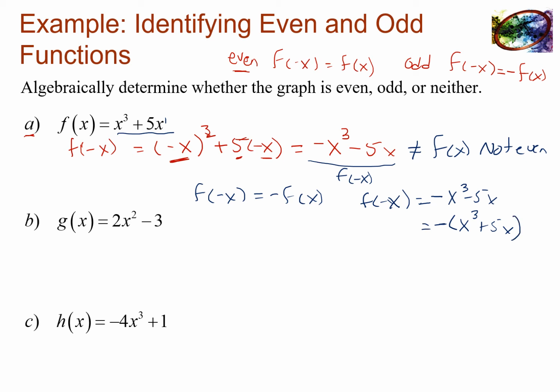Now if we take a look at it, this is f of x, and we have a negative out in front of it. So since f of opposite of x equals opposite of f of x, yes, this is going to be an odd function. All right, so that's how we can determine odd functions.